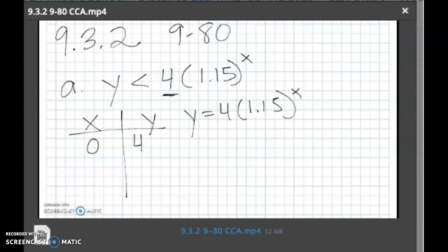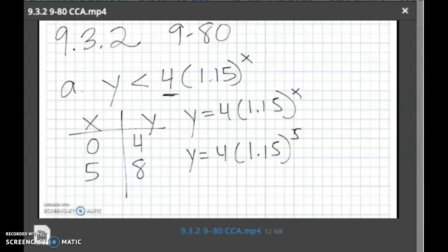Then I'm going to pick another x value, and I'm going to choose when x is 5, and put that in for x in my equation. When I put that number into my calculator, I get a number with a decimal, so I'm going to round it, and I get approximately 8.